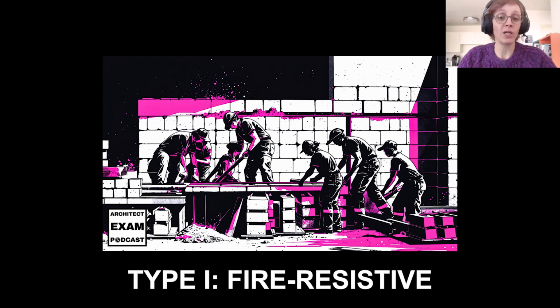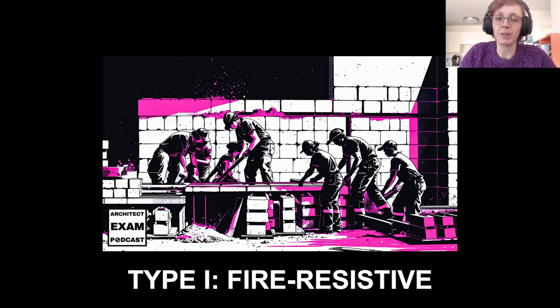So remember, type 1 is going to be the most expensive. So if you can design the building with a different construction type that's less expensive than type 1, then we wouldn't want to go to type 1. We want to meet the code requirements. So maybe our building for our client can really follow the codes for construction type 3, for example, type 3B.